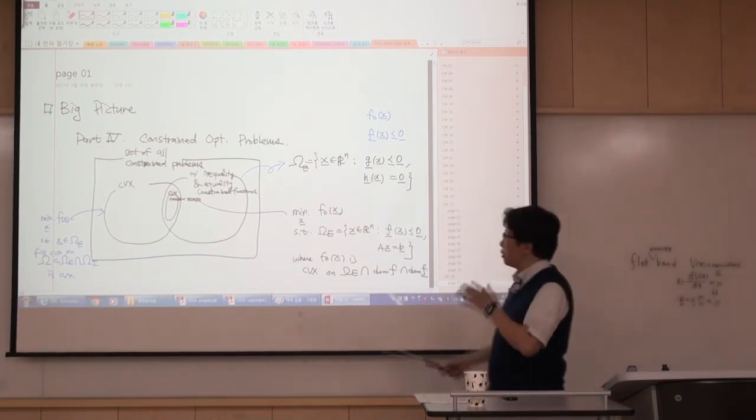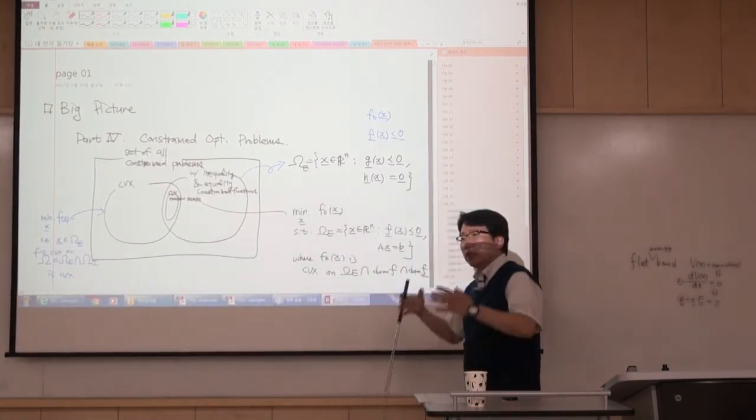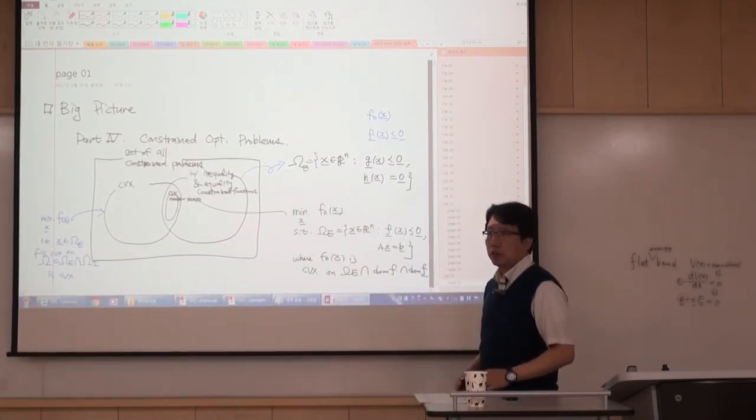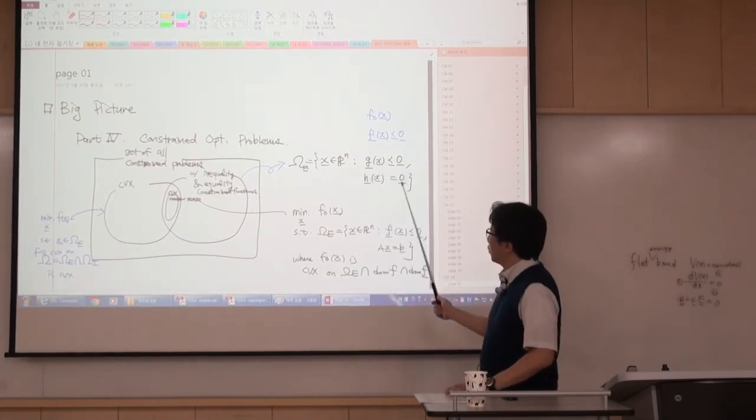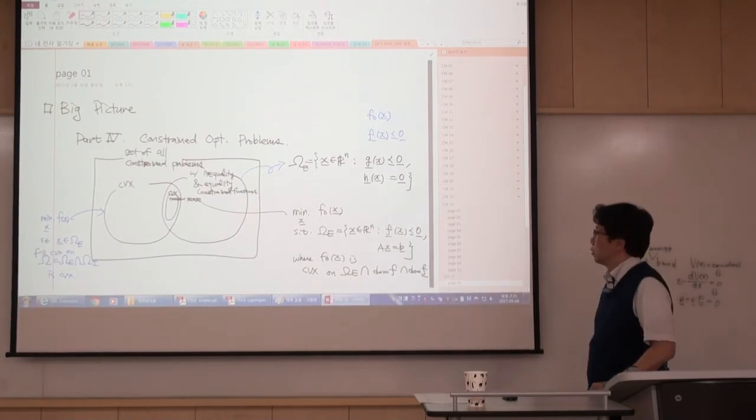Got it? So this is a convex optimization problem, but with more structure. Not only general equality, but this linear equality constraint.